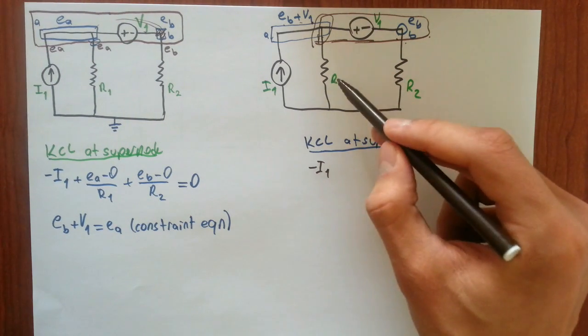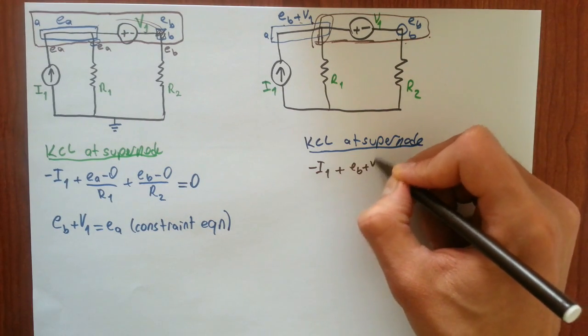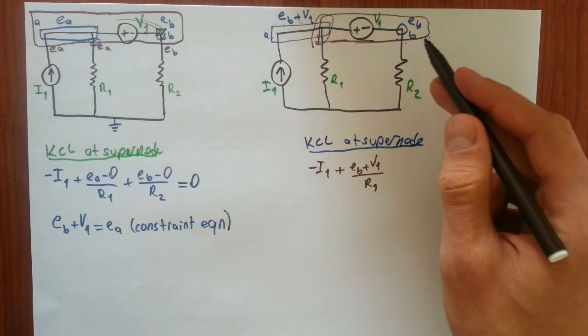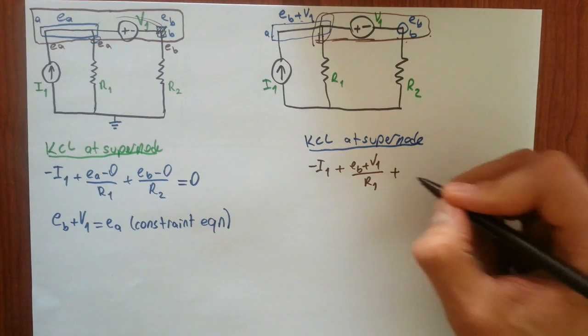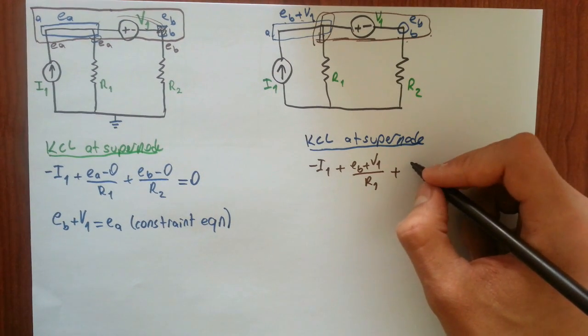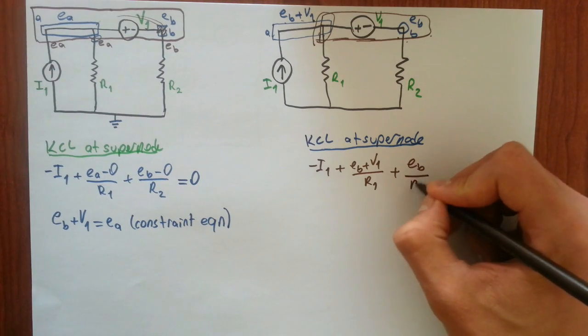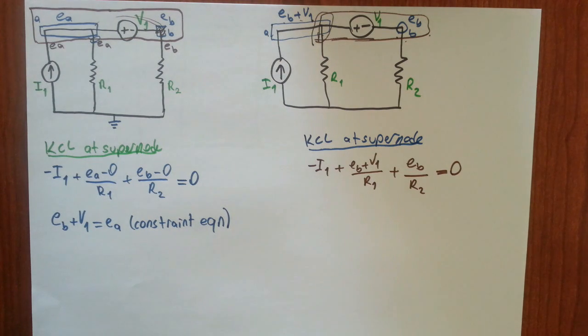We don't know the current through R1. The voltage difference across it is EB plus V1, and we divide this by R1 to find the current value. And we don't know the current through R2, and it has a voltage difference across it of EB. We divide this by R2 to get the current value, and this whole thing is equal to 0 by KCL.